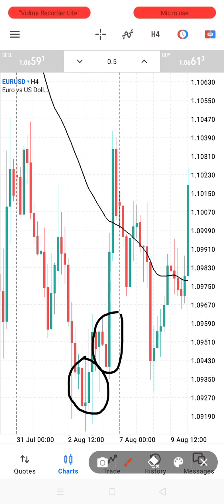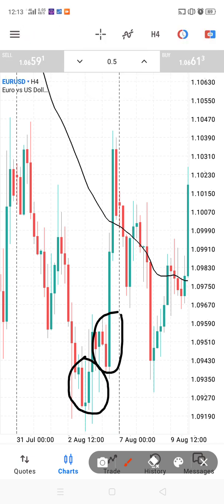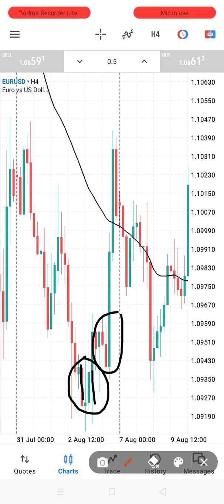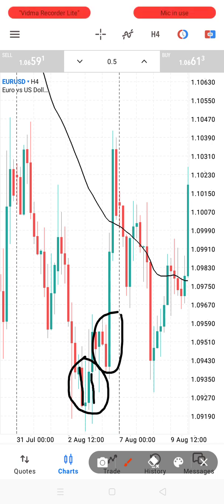Because as you can see, those parallel candles right here mean that the market is willing to reverse. Those parallel candles right there, this one to the downside and this one that reverses it back.